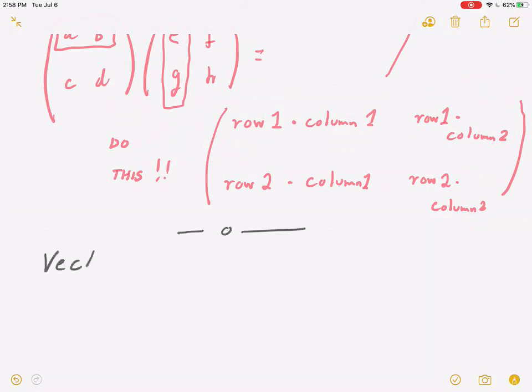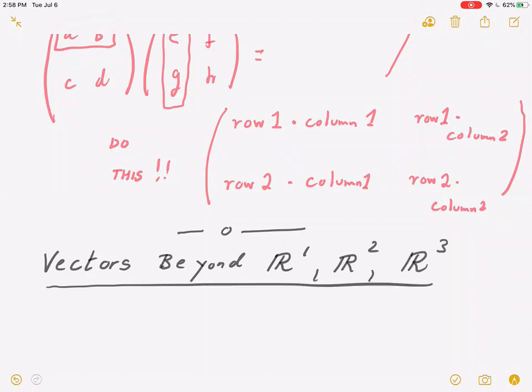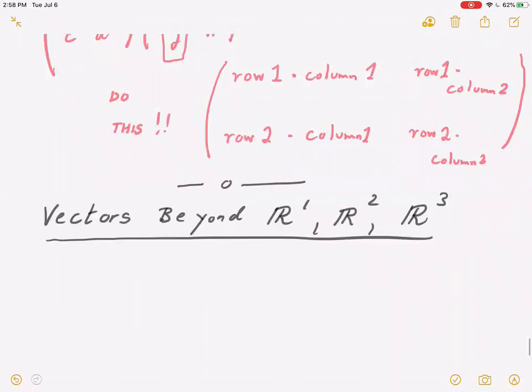So the next thing we need to take into account is the fact that vectors are important things in 1 dimension, 2 dimensions, and 3 dimensions. But vectors are not limited to those sets. Namely, if you're looking at points or vectors in R1, that's 1 dimension, you'll get a line.